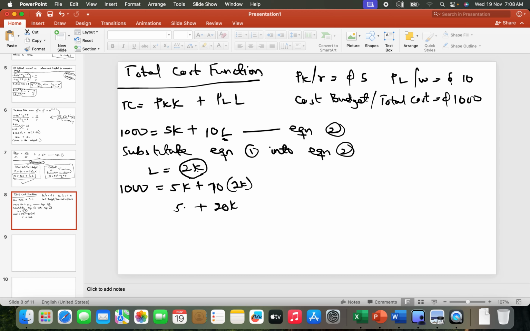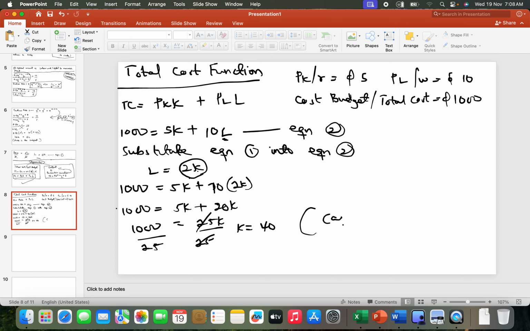This is 5k. This is 1,000. So 5 plus 20 gives us 25k. This is 1,000. Since I'm finding for k, I'll divide both sides by the coefficient of k, which is 25. So k is equal to 1,000 divided by 25, which gives us 40. So k is equal to 40.